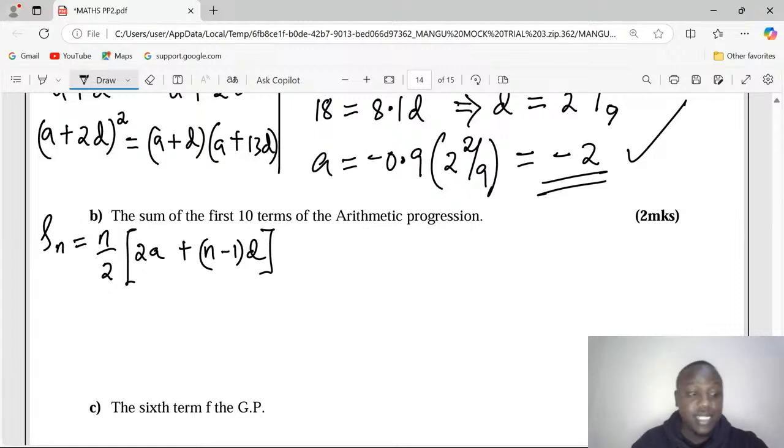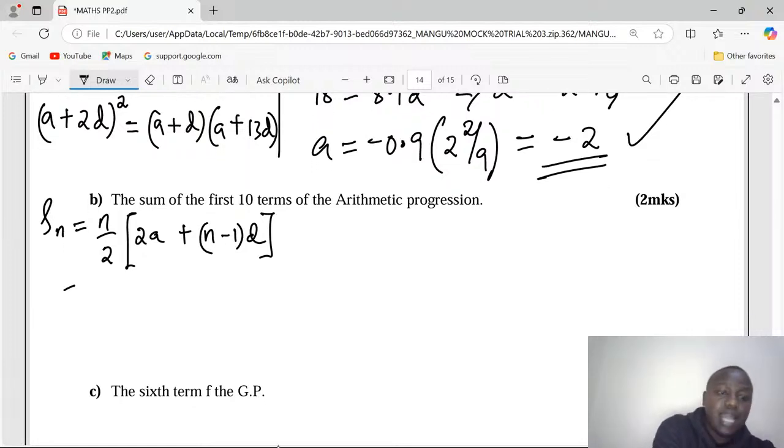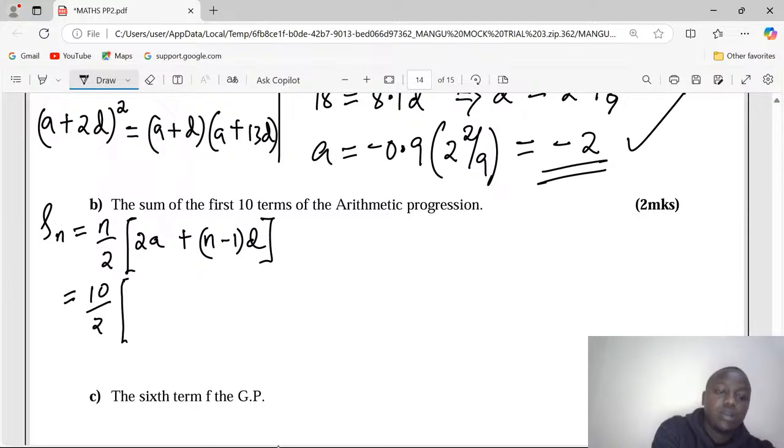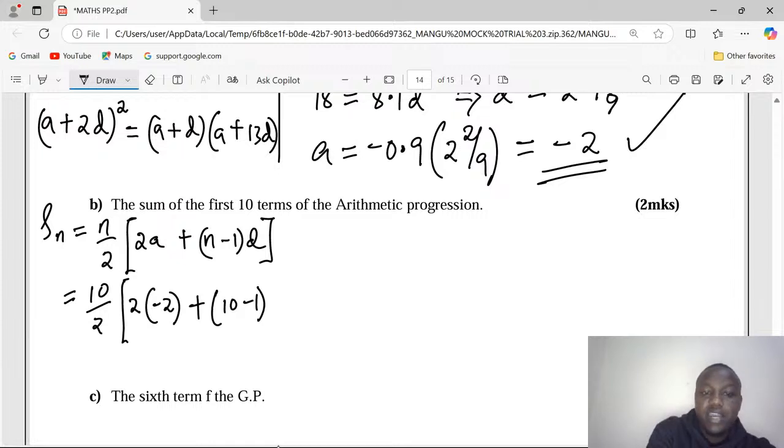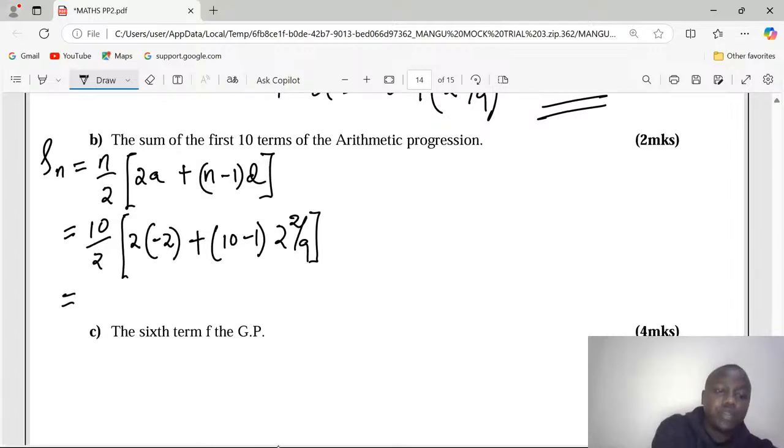This is one of the formulas; there can be several. Applying this for the 10 terms, n is 10 over 2. Then 2 multiplied by a, which is negative 2, plus n minus 1, where n is 10, multiplied by d, which is 2 and 2 over 9. So this shall be 5 into negative 4 plus.